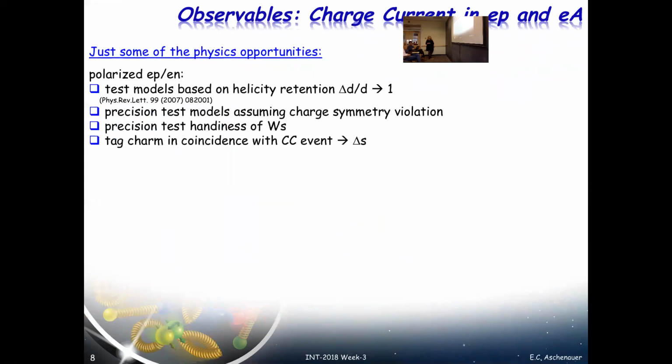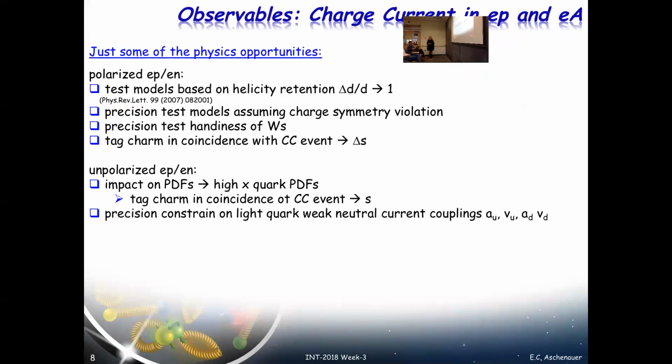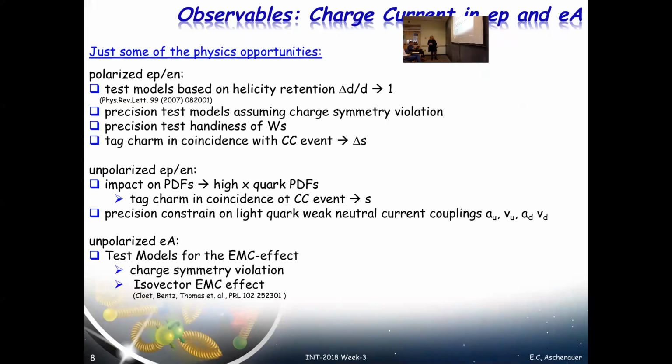And of course, we can take also charm in coincidence with charged current to get to delta s, and unpolarized high x quark PDFs. Weak neutral current couplings are constrained, something which actually is not very well known, and an EIC could do very nice work on this one as well. It's something which we have on our list, and it's the same as in the unpolarized case.